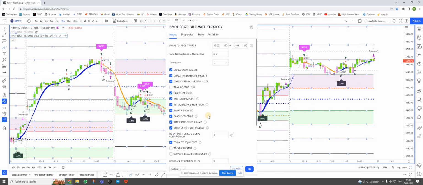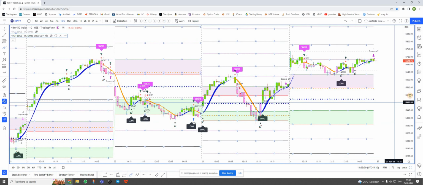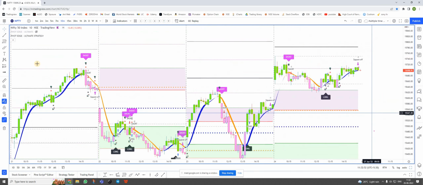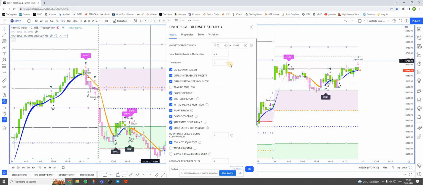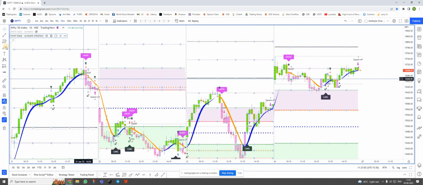For that, I have given one more option here: end of the day square off. If this is switched on, by end of the day whatever position you have, it will square off at whatever time you define. Suppose you want to define 3 p.m. or even 2 p.m., it will close.